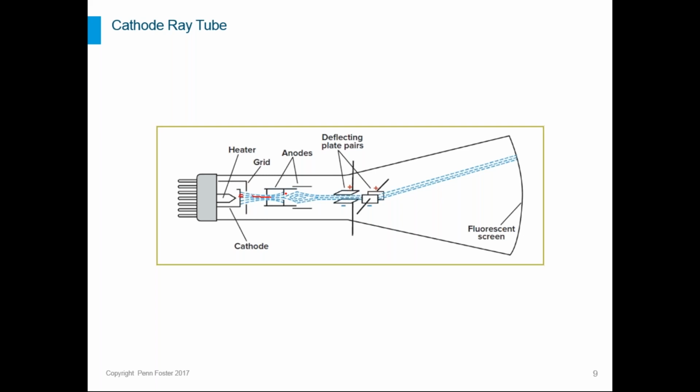We've got the grid and the anodes, and then you've got these deflecting pairs that change direction, and it controls where that beam of electrons goes. The end result is that the electrons hit a screen and cause it to glow. So cathode ray tubes were used in TVs and monitors before the use of LCD screens, and they still have industrial and medical uses.